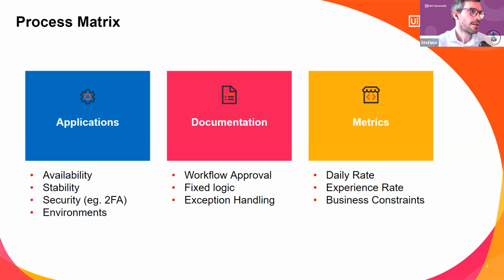Those applications are more challenging to automate. And finally, as I said before, the environment. If the application has a test environment available, it's better to automate, while if it has only the production environment, it can be challenging to perform the development.